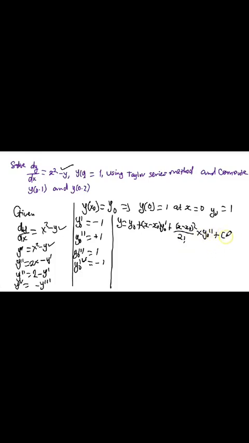We add this to x minus x naught power 3 divided by 3 factorial multiplied by y naught triple prime. Then we have to do up to 4, since we have up to the 4th derivatives. So we add this x minus x naught power 4 divided by 4 factorial multiplied by y naught power 4. So this is the formula that we have.